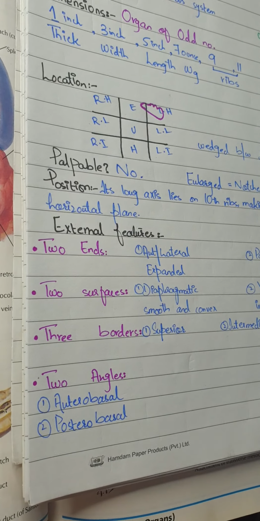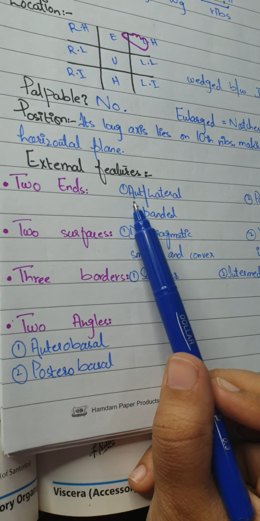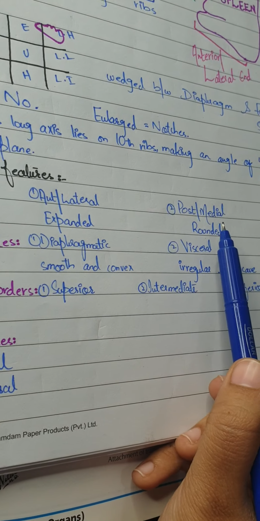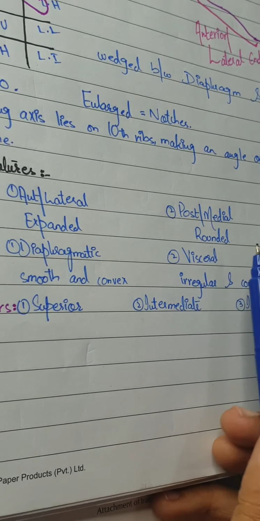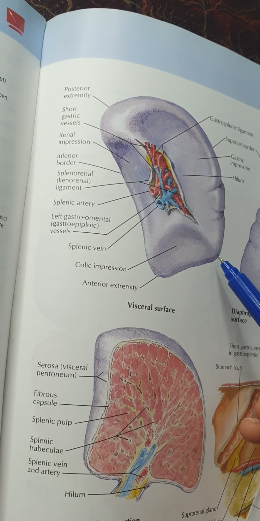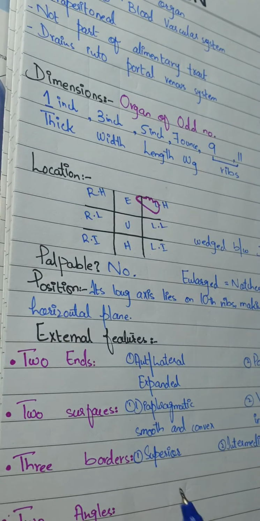So now talking about the external features, the two ends of the spleen are the anterior or lateral end, which is expanded, and the posterior or medial end, which is rounded. See here, the anterior end is expanded and the posterior end is rounded. Next, we see the two surfaces.